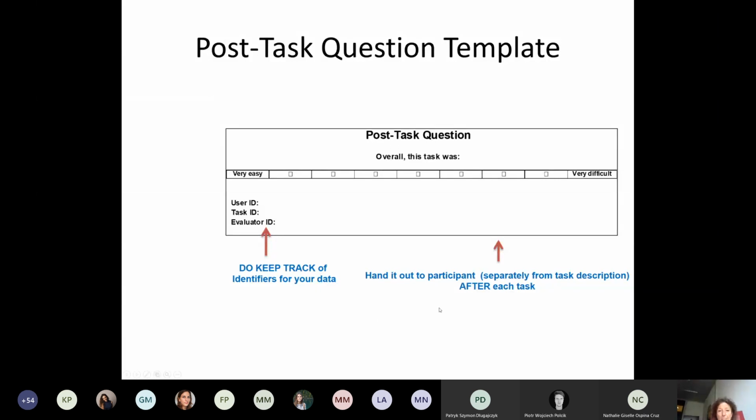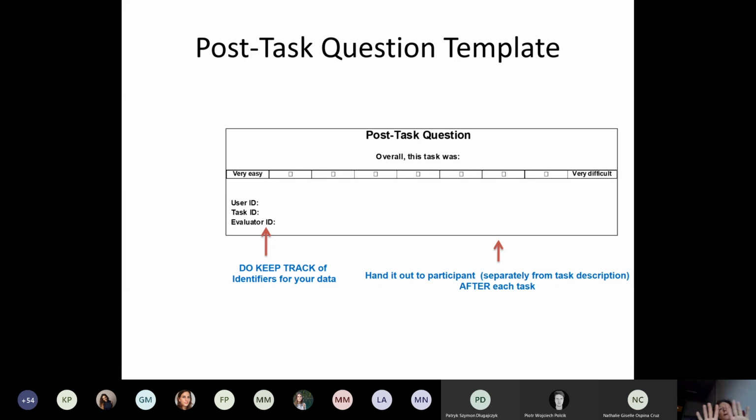This is an example of templates that you have to use. So remember to put your questions clearly and to have a way to collect the user ID, the task ID, the evaluator ID. Of course, all these things can be done using a Google form. If you do it remotely, you tell the user to do the task, and then please fill in this form at the end.